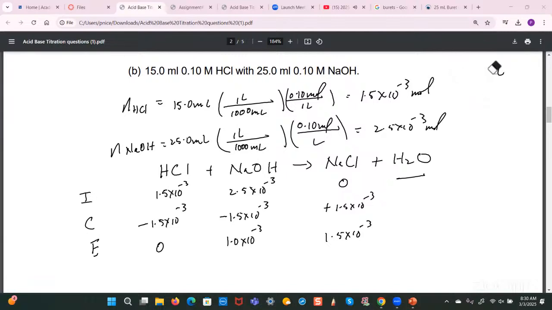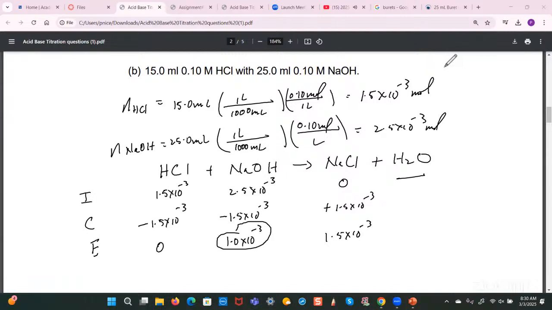The only thing that is left that would affect the pH would be the sodium hydroxide, right? Since the hydroxide ion is the one that's going to be present at this point, we need to find the pOH first, and then find the pH. So we need to find the concentration of the OH minus, but before we do that, we need to find what?